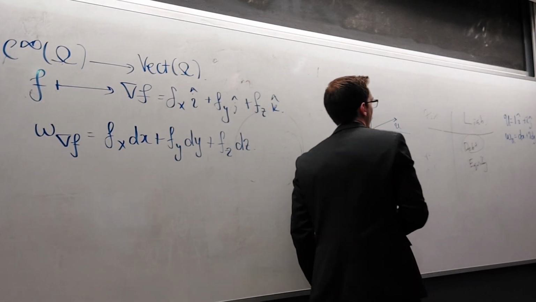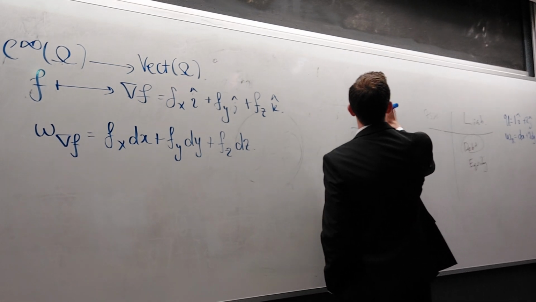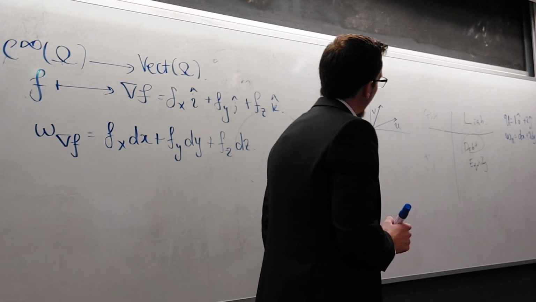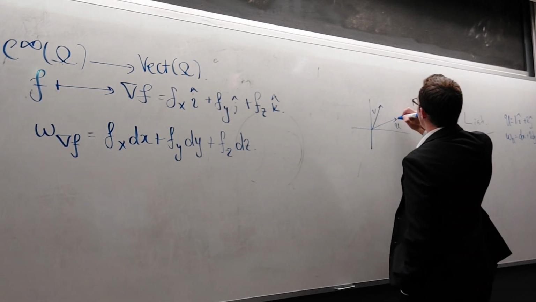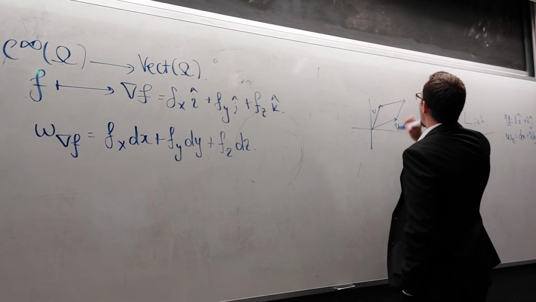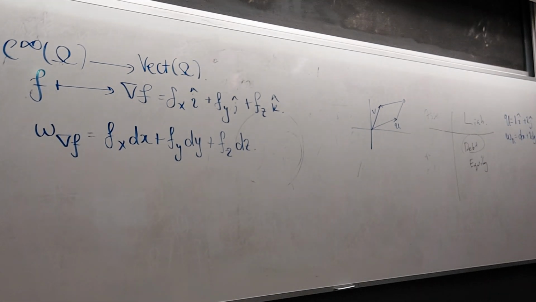So if I have a vector u and a vector v, then what I want is some type of operation which gives me the area of this parallelogram. Does everyone agree that that depends only on u and v?